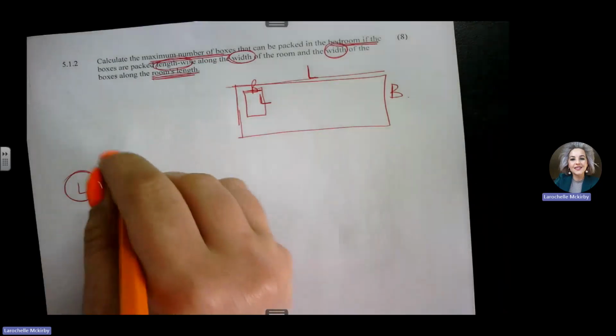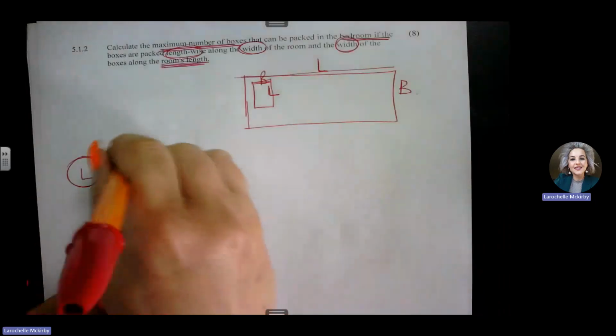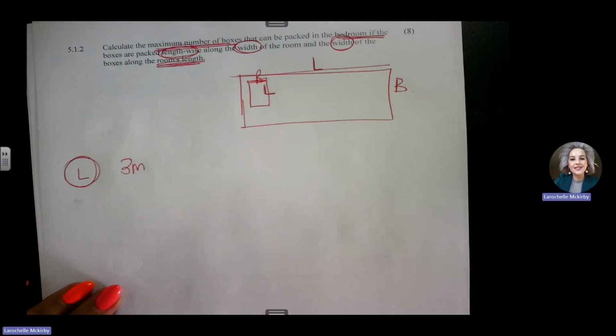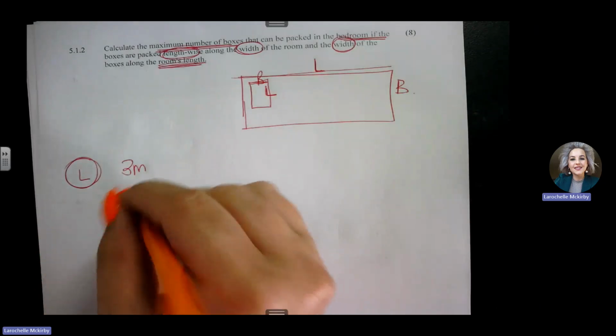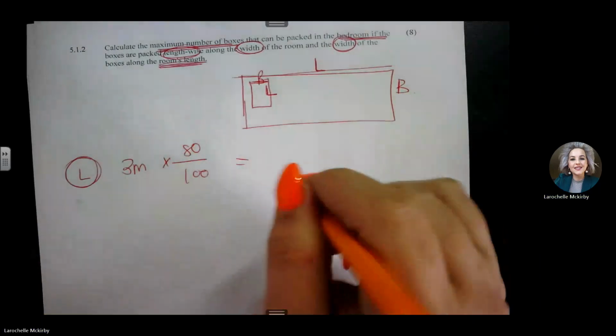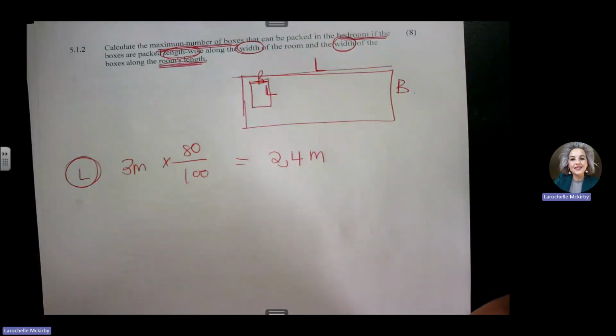The length of the room, according to this table, is 3 meters. Okay, so 3 meters, I can't pack the whole 3 meters. I need to only pack 80% of it. So I can't use the 20%. So I'll just calculate 80% of the room. 80% of the room will end up as 2,4 meters.